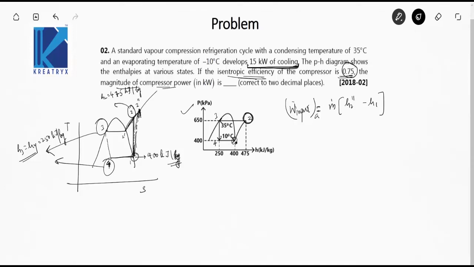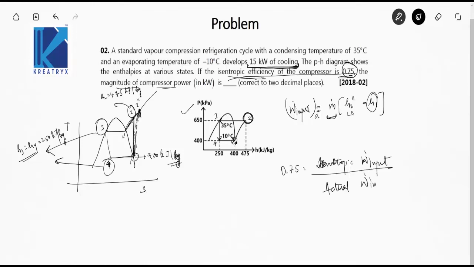So we have h1 now, and we don't know h2 double dash, and we also don't know m dot. So let's use the isentropic efficiency of the compressor, 0.75. Isentropic efficiency 0.75 is equal to the isentropic work input upon the actual work input.